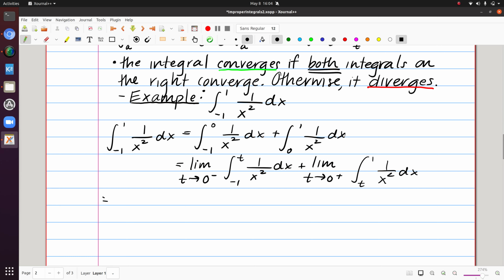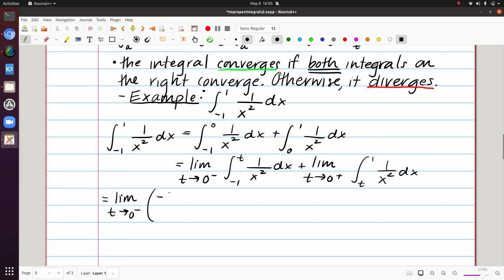So I'm going to now anti-differentiate. My integrand, that's x to the -2, so the antiderivative is negative x to the -1. So we have to be a little careful with these signs. So we're going to have negative 1 over x, where I'm going to evaluate that from -1 to t.